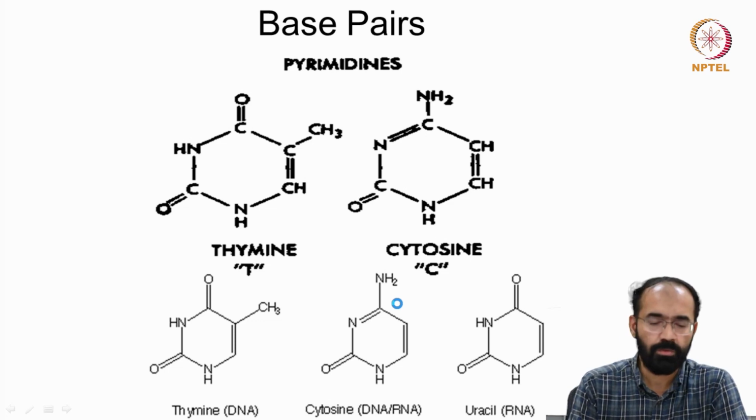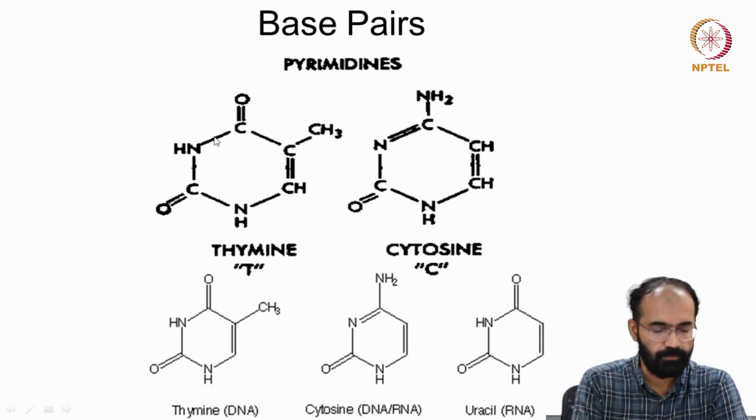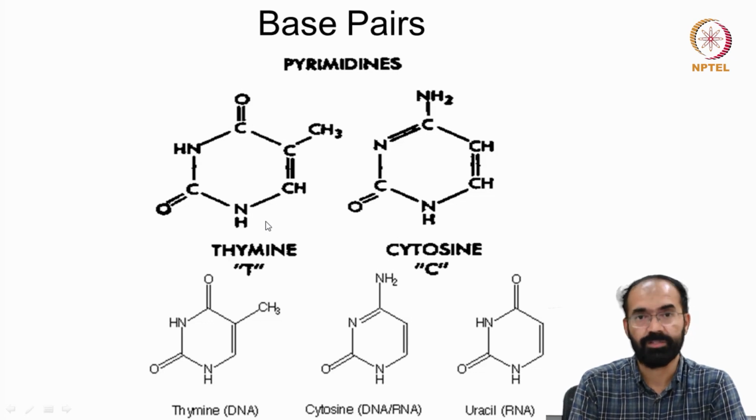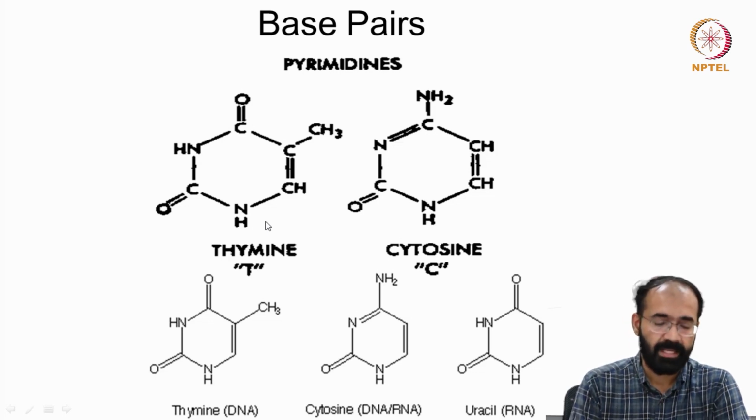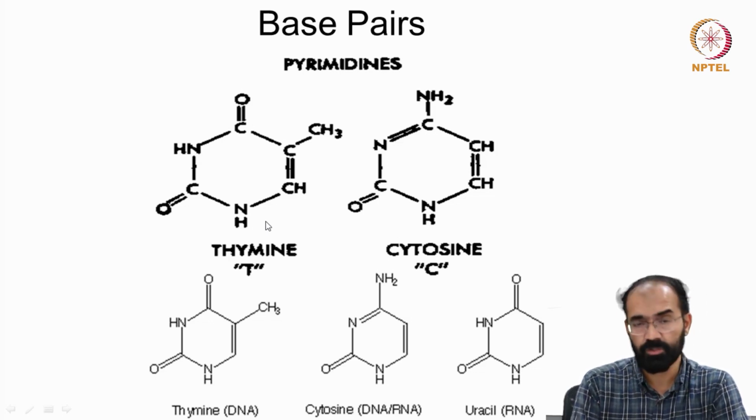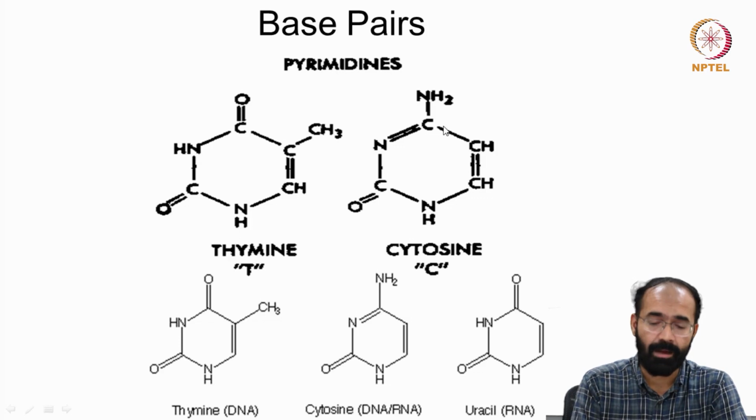Now let us look into pyrimidines. Pyrimidines are of two types, thymine and cytosine in the DNA, whereas uracil and cytosine are in the RNA. If you look closely into the structure, they are also very much similar. Thymine has a methyl group, whereas cytosine has an amino group.